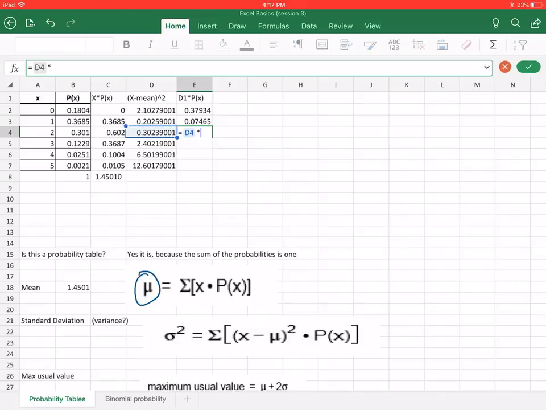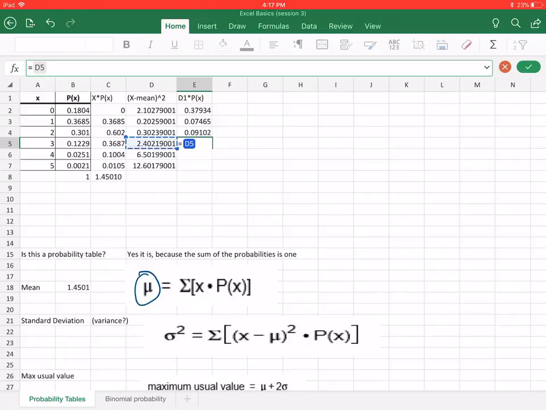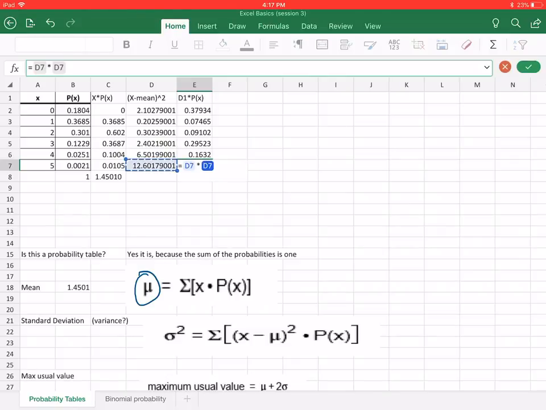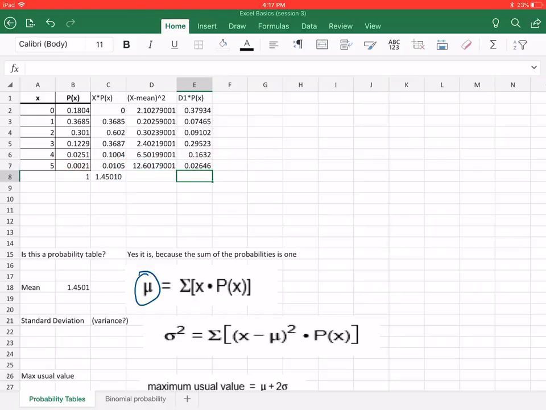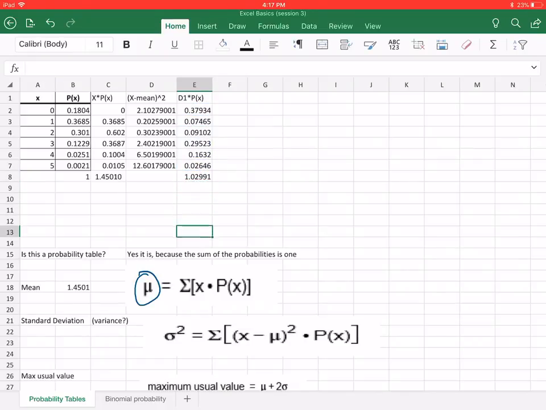So the column of D1 times the P of X value that lines up with it. Two more times that, and last one. All right, and then the last part of it is the summation. So you take the sum, don't forget your equal sign, and you're going to take the sum of this column here. And there you go, that's the variance.